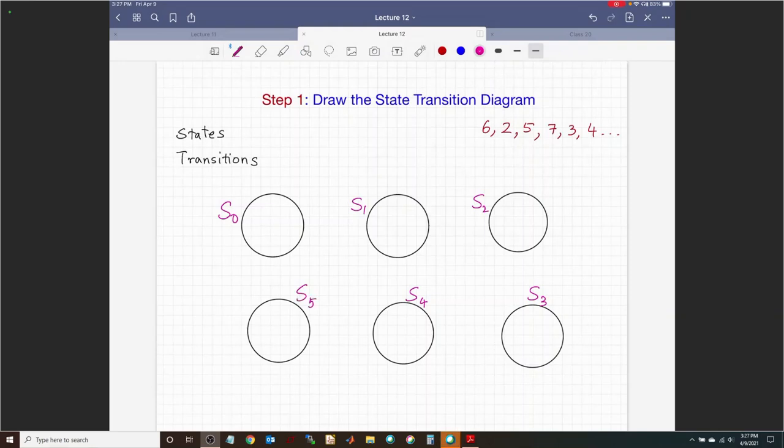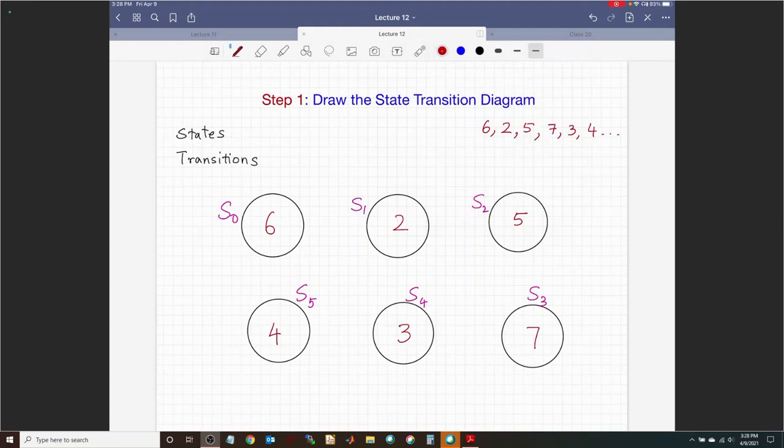I've got 6 different states in which the counter output is going to be 6 to 2 to 5 to 7 to 3 to 4 and back to 6. Those are the things that you guys came up with.